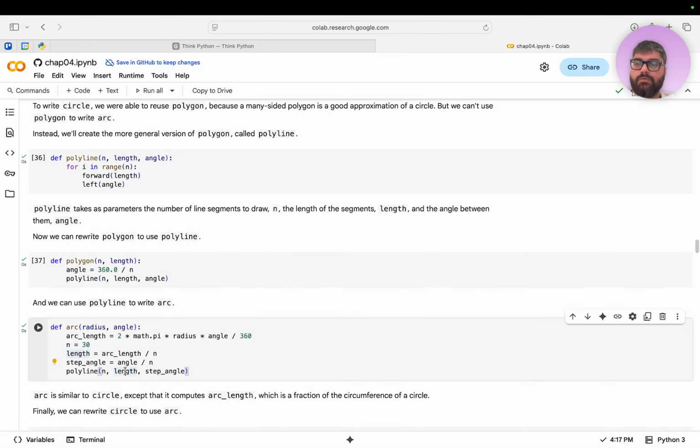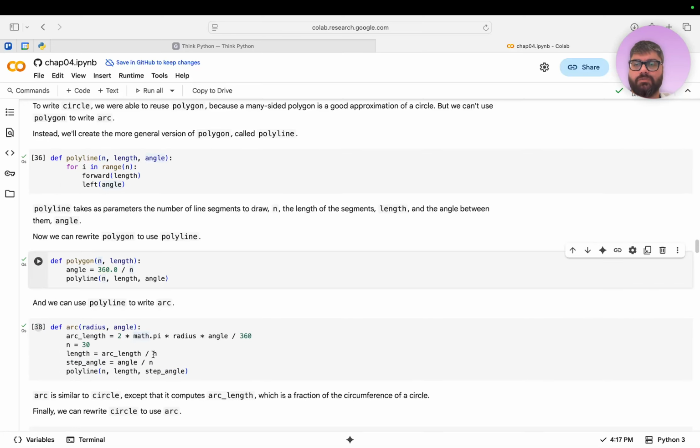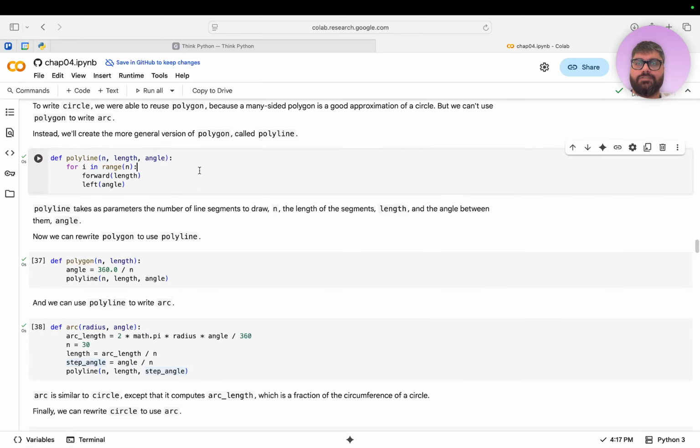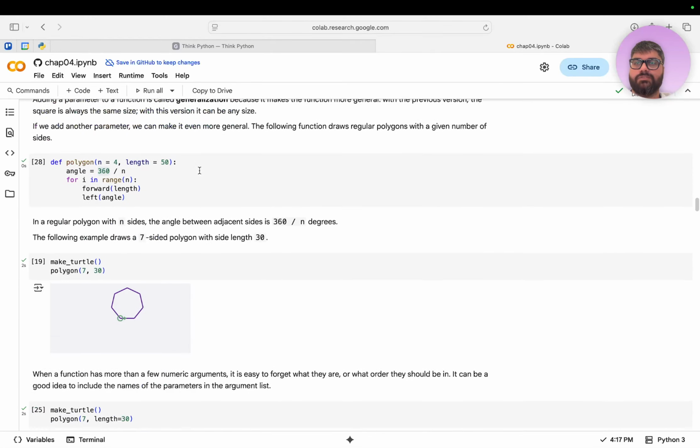So why would going straight to polyline, so I'm not using polygon here. Okay, so I don't use polygon in the arc function. There you go. That was my major malfunction. Like, how do we build this into this into this? We're just going to use polyline separately and polygon separately, and just have polyline get everything, the length and the angle, which was the only thing missing.